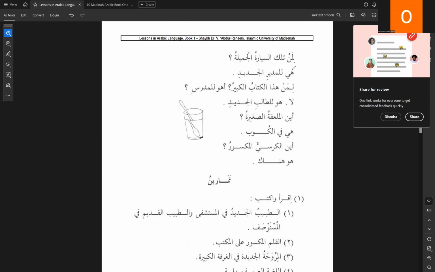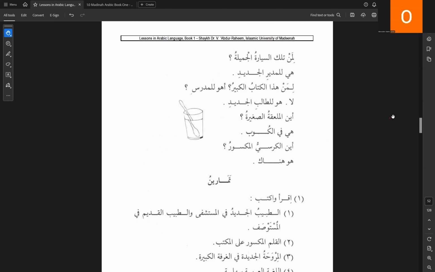Someone want to venture a guess? What's this one mean? Very close. Who does that car belong to? So liman means belongs to who. That's what that means.